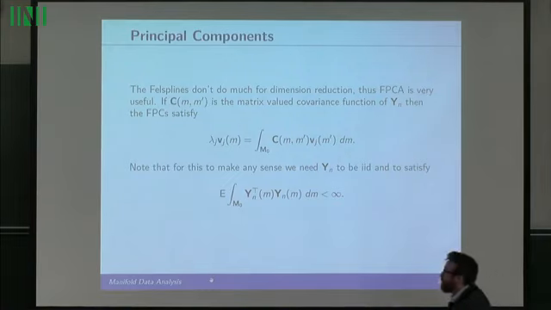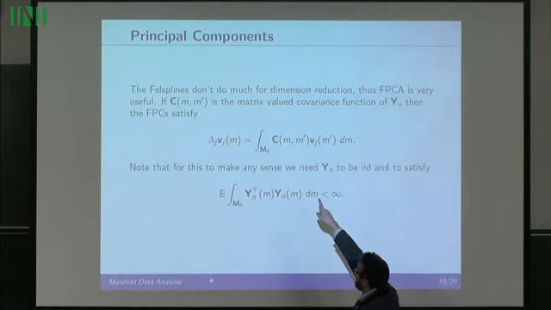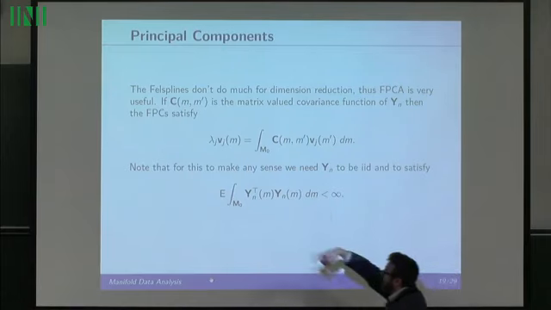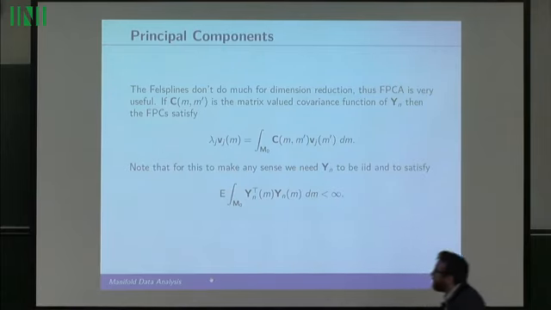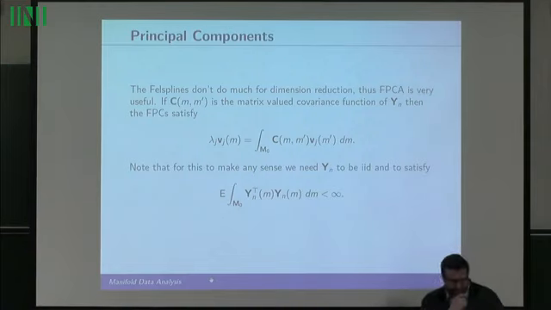But that's still fine, it's not a problem. So you have your matrix-valued covariance function over this domain, and you just need to solve this integral equation to get the eigenfunctions, which is easy to do. Mathematically, to make sense of all this, you should at least have something like a second moment, but we'll worry about theory in a second.